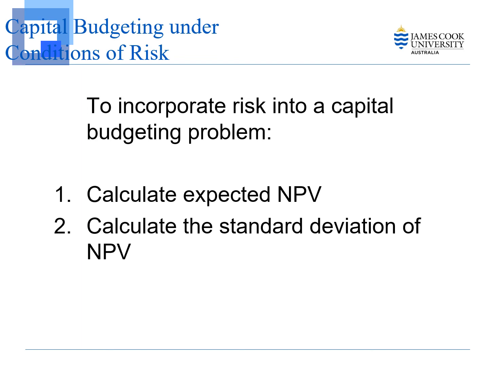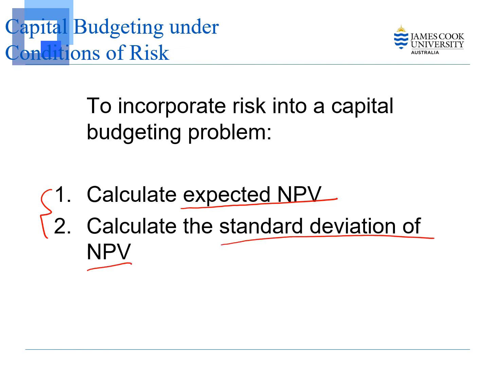Right. Okay. So in capital budgeting, there are risks. So we need to incorporate risk into capital budgeting problems. One way we can do this is to calculate the expected NPV, then calculate the standard deviation of these NPVs.